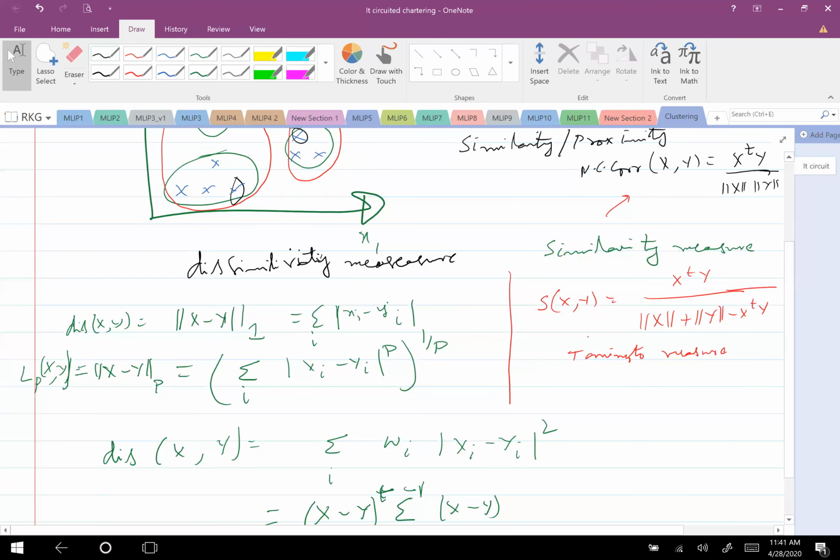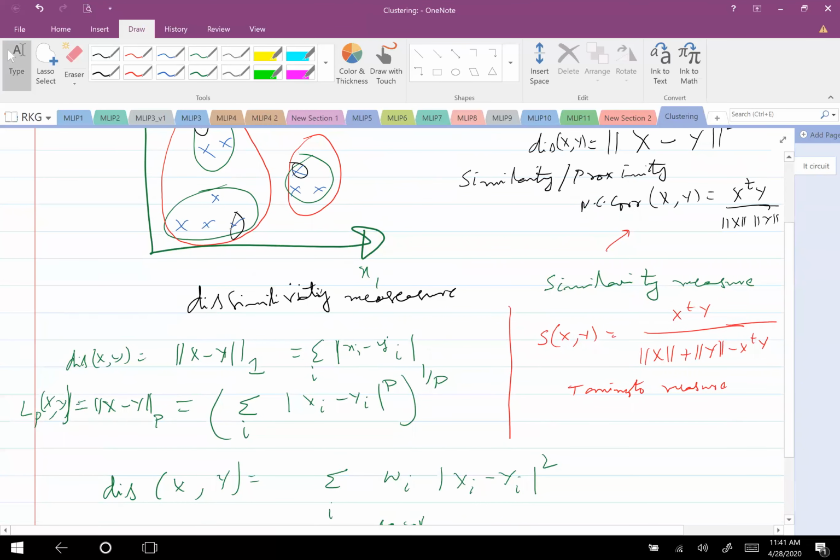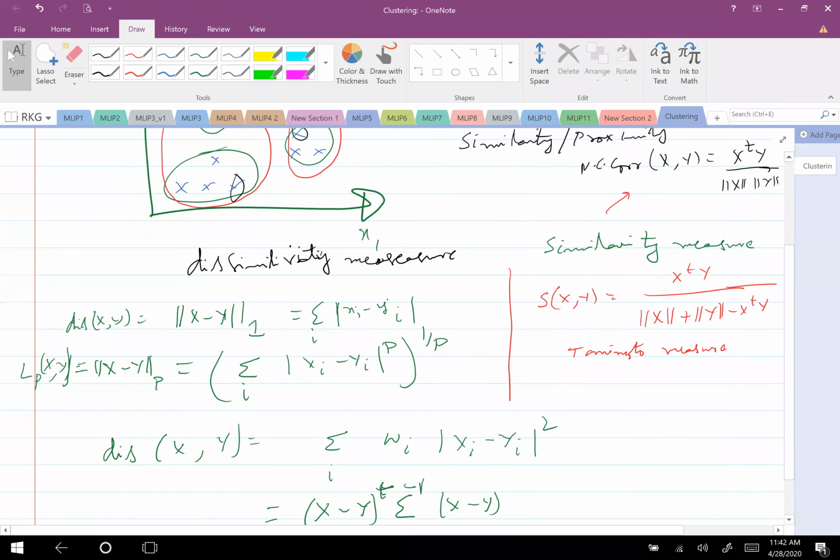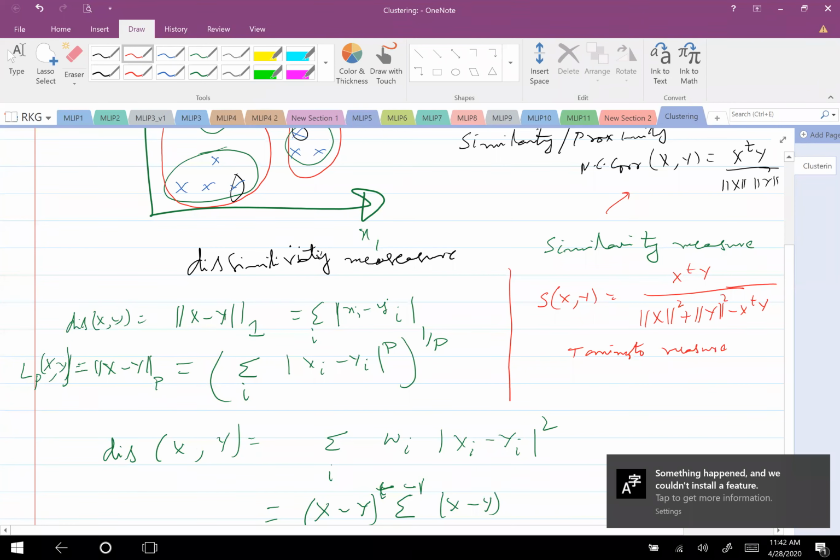What is the range of this Tanimoto measure? Can you tell something about its range, maximum and minimum, assuming that all x and y are positive? If x equals y, then it is norm x square by norm x square plus norm x square minus norm x square, so it is 1, right?